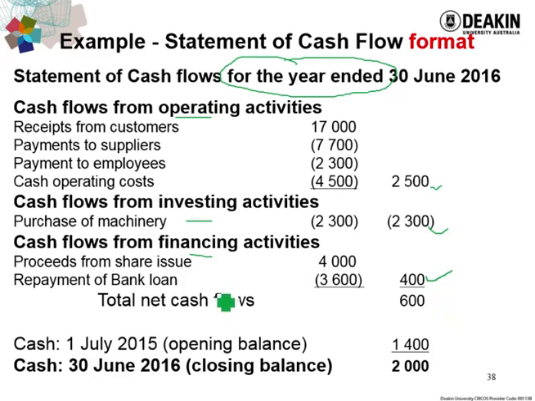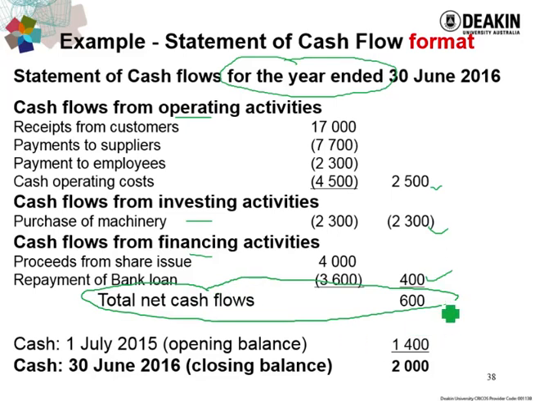That gives us the total net cash flows. And we need to add the total net cash flows to opening cash balance in order to get the closing cash balance. And the closing cash balance here must equal to the cash at bank account that you report on balance sheet.